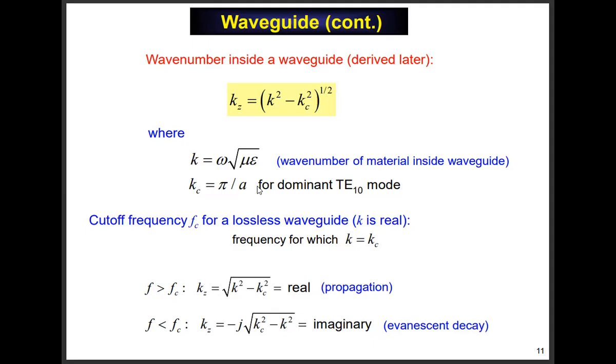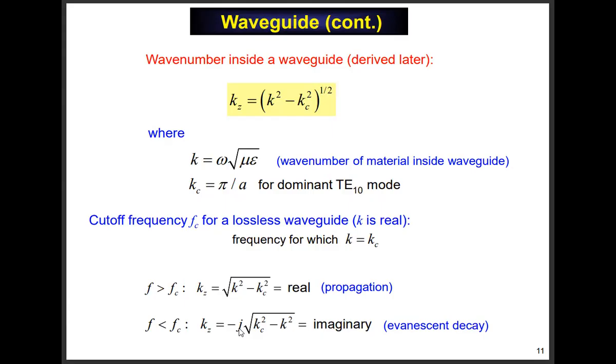So if you have a waveguide and you're above the cutoff frequency, kz will just be a real number, which you can call beta. If you're below the cutoff frequency, this becomes a negative number. You're taking the square root of a negative number. Now I'm going to factor out a minus sign and reverse the order here, so now this one's bigger than this one. And I factor out the square root of -1. You might ask, why did I call the square root of -1 minus j? Why didn't I call it plus j?